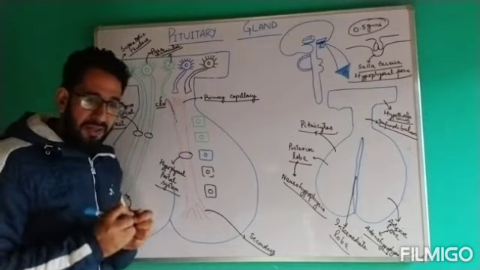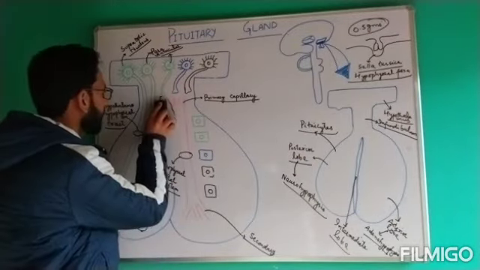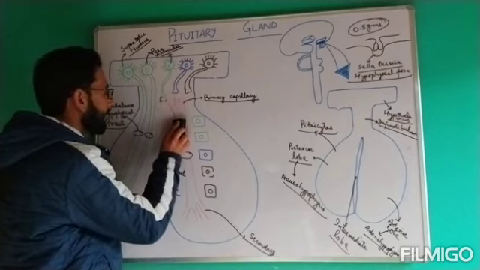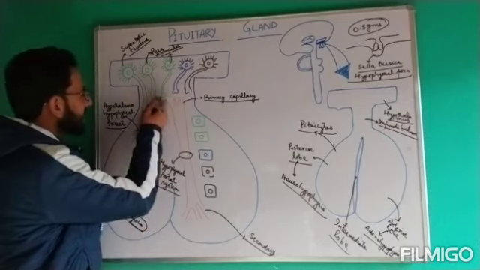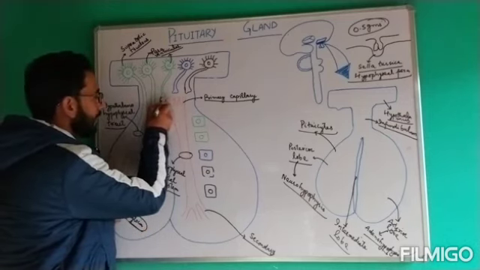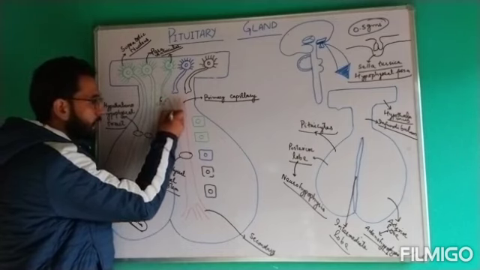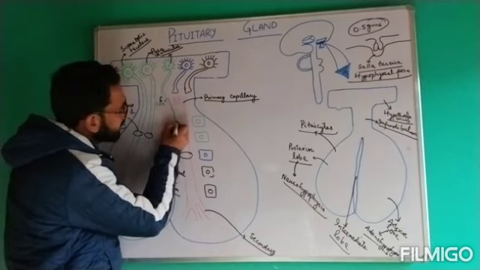Let me use the same color here. This corticotropin releasing hormone will come down through this hypophyseal portal system and it will stimulate this cell right here.